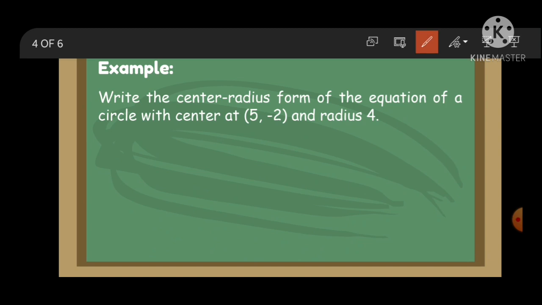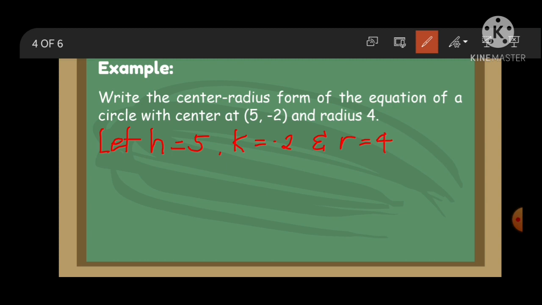Write the center radius form of the equation of a circle with center at (5, -2) and radius 4. Let us determine the given values. So we have h equals 5, k equals -2, and r equals 4.